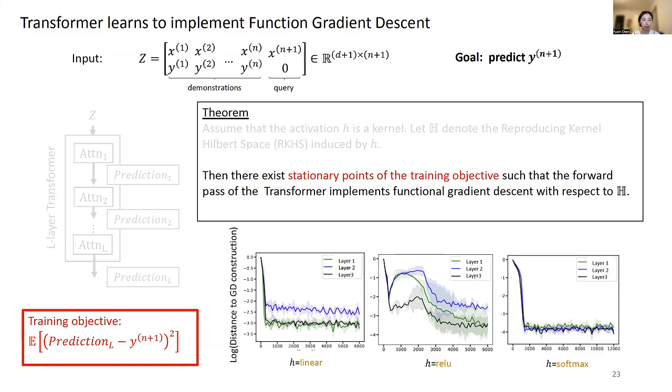In this example, we train a 3-layer transformer, so there are 3 lines on each plot, 1 line for each attention layer. Each plot corresponds to a different choice of nonlinear activation function. As we can see, it appears that the transformer is consistently converging to those stationary points during training.